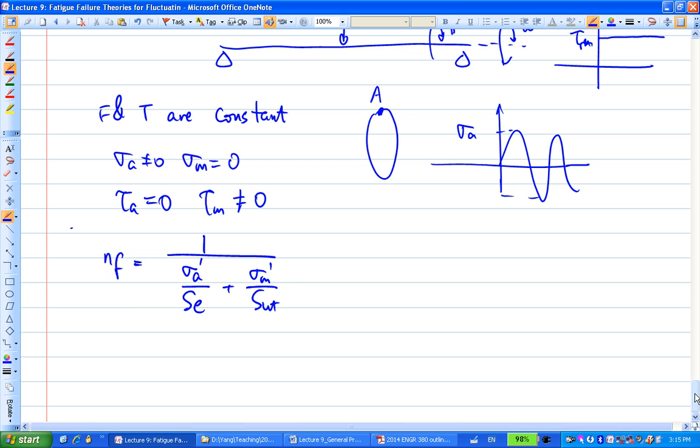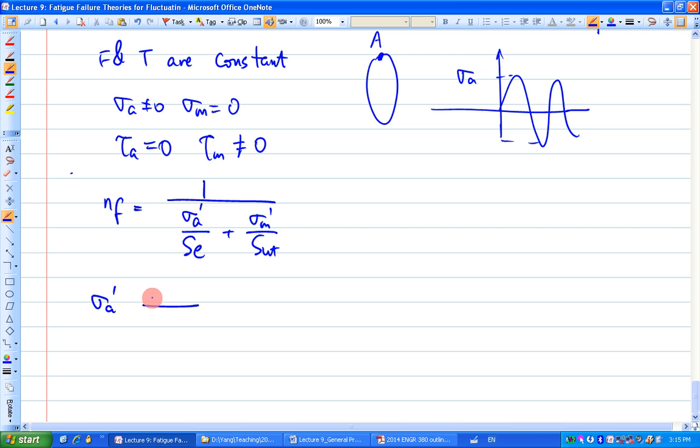So where is sigma A prime from? Sigma A prime is from all the A components. Maybe you have a bending contributing sigma A. Maybe you have an axial contributing sigma A. And maybe you have a tau A, which is torsion contributing tau A. Those are all the alternating components here, right?